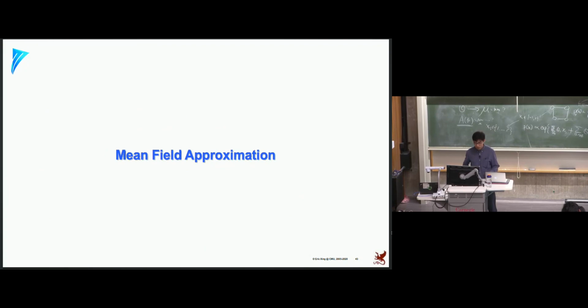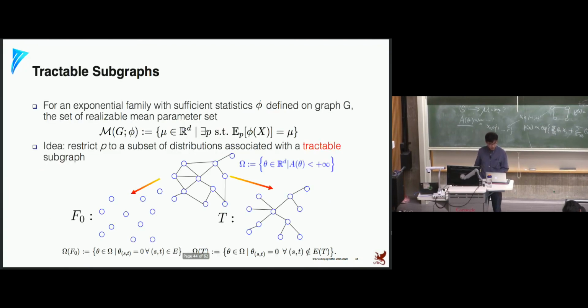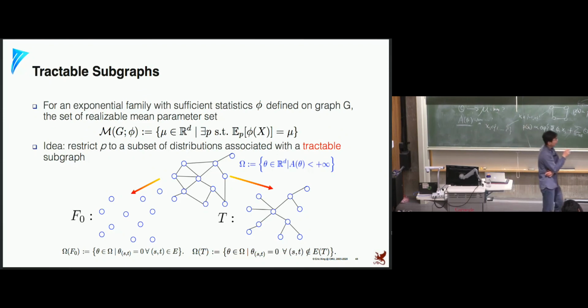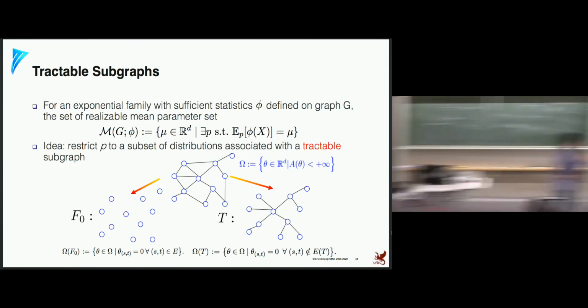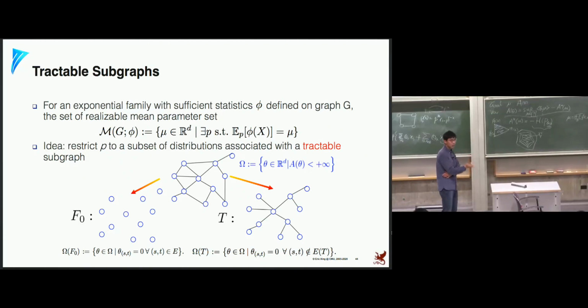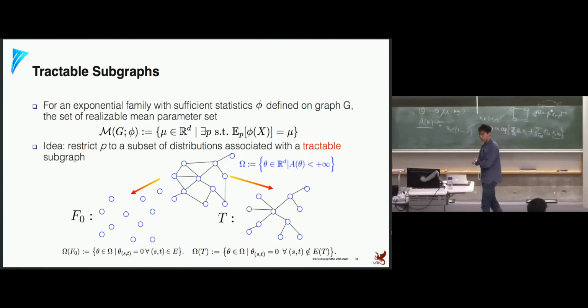Okay, let's briefly discuss the mean field approximation. I think we still have like 7 minutes. So mean field has this original graph in the middle, and one thing you can do is ignore all the edges and come up with a different graph with all the nodes, where none of the nodes are connected to each other.